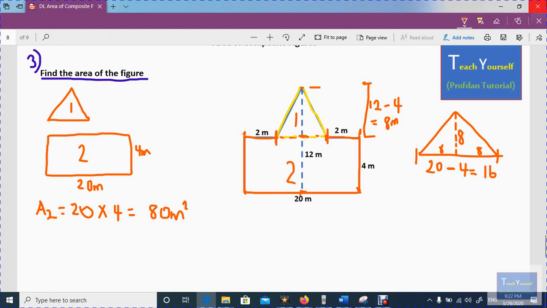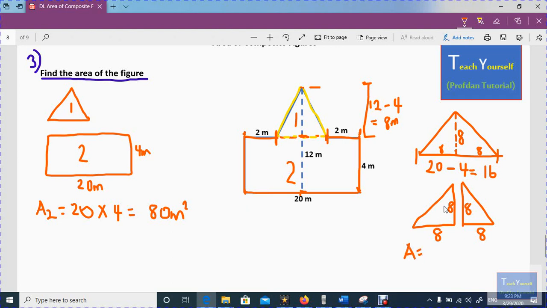Now, this triangle is in two parts. We have this part, something like this, and also something like this, joined together to give us what we are seeing above. We know that the height is 8, and from this point to this point is also 8. The same thing applies to the second part: 8 and 8. So if we find the area of one of these, it's going to be the same as the second one.